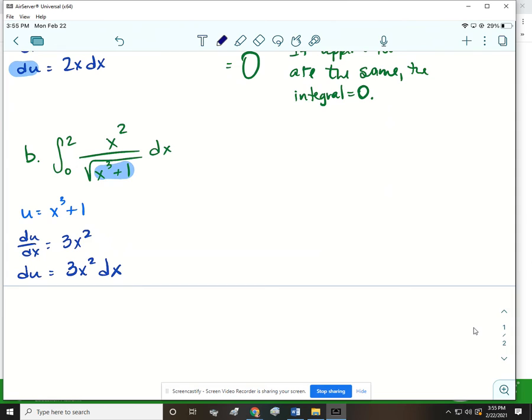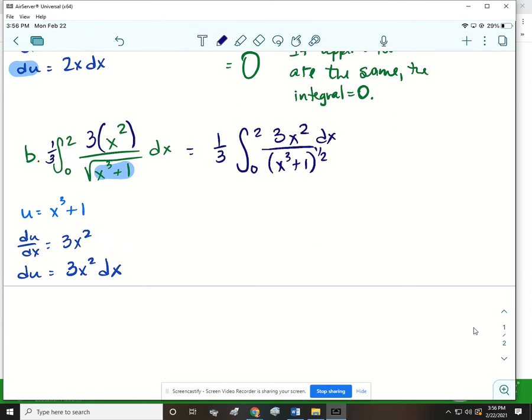We have the x squared, but we need 3x squared. So we'll multiply by 3 on the inside, 1/3 on the outside. I'm going to go ahead for the square root and write that as raised to the 1/2.